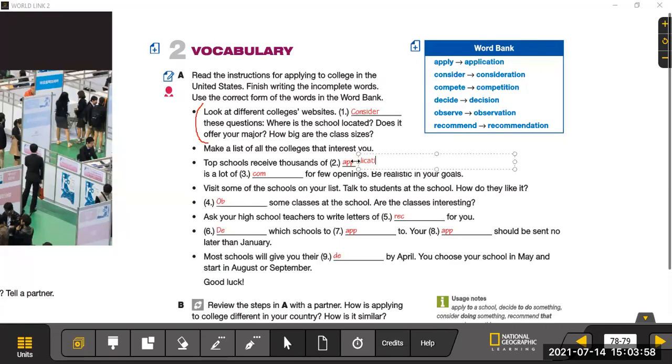There is a lot of competition. A lot of competition. Yes. So we have competition for few openings.